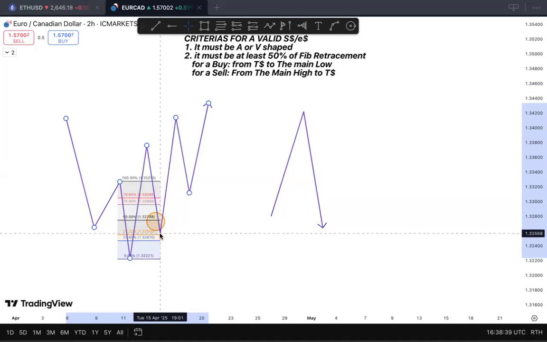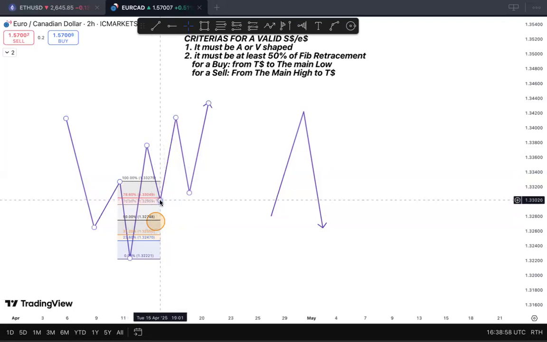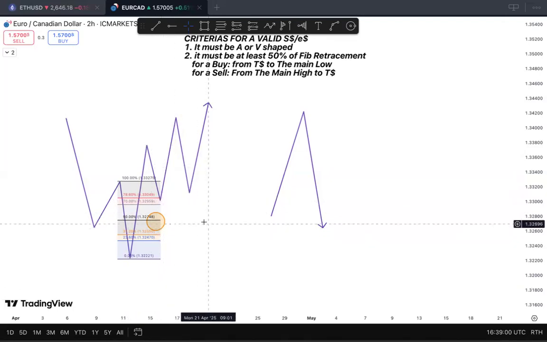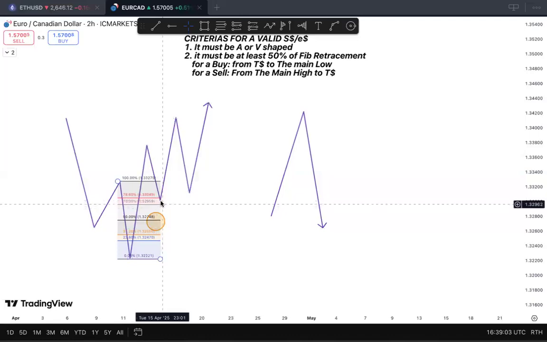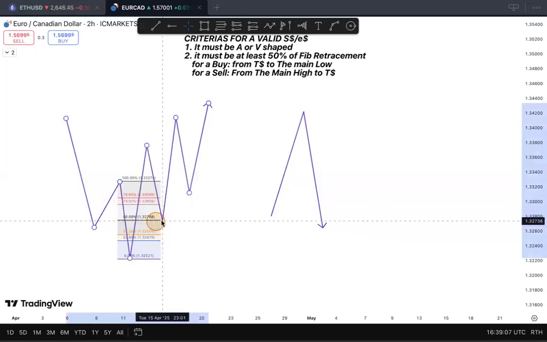But when you see a structural liquidity that is far above the 50%, you don't want to take that trade. It is not valid. So therefore, you won't take that trade. Do you understand? Just because you saw this doesn't mean that you have to take that trade. You have to measure it to be sure that the liquidity is at 50% or at the discount zone.